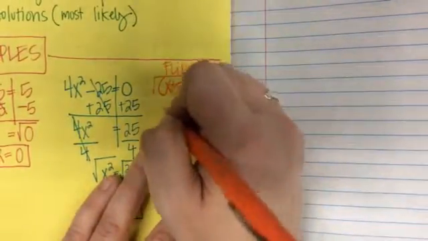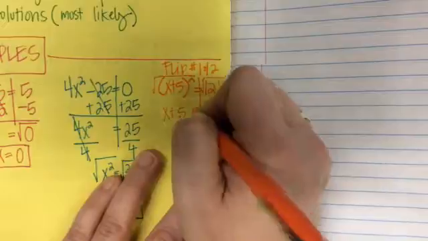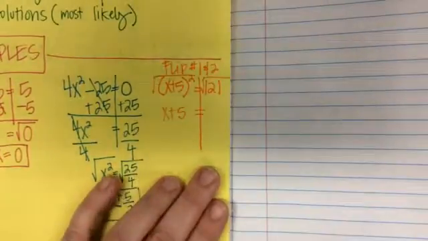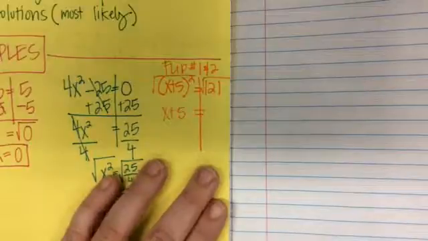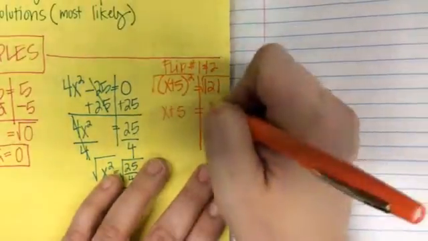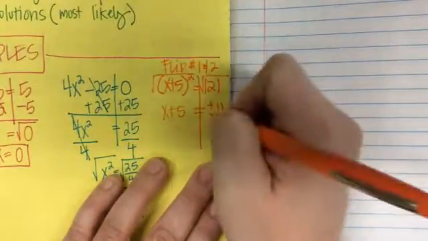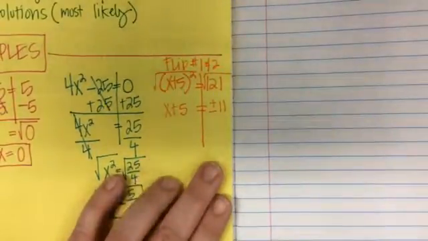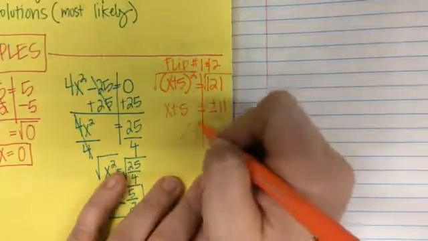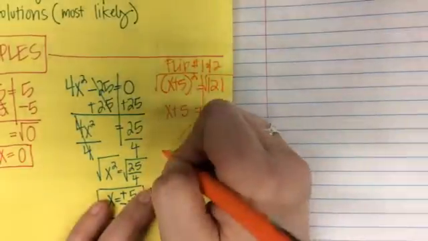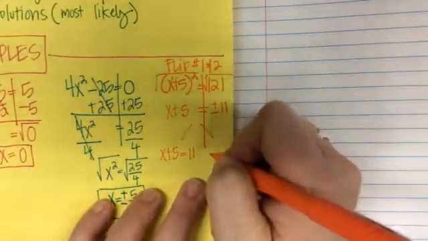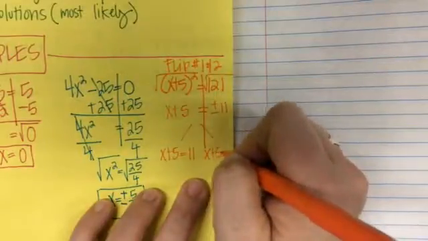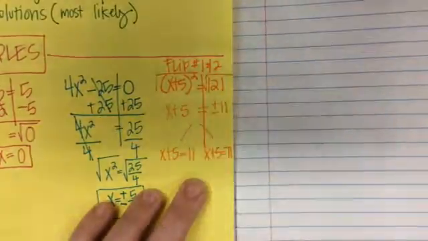So I'm left with x plus 5 equals what? Not 11. Positive 11 or negative 11. So now I split my problem in two. X plus 5 equals 11 or x plus 5 equals negative 11.